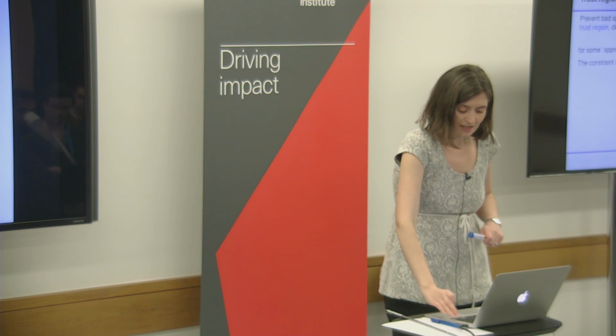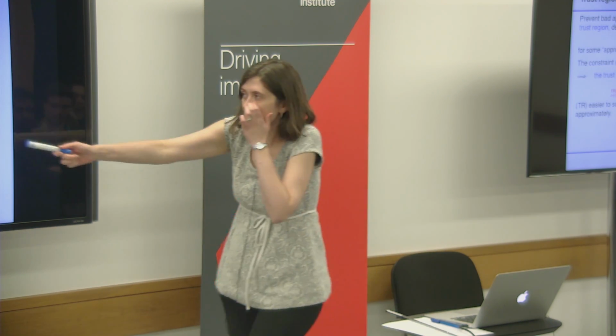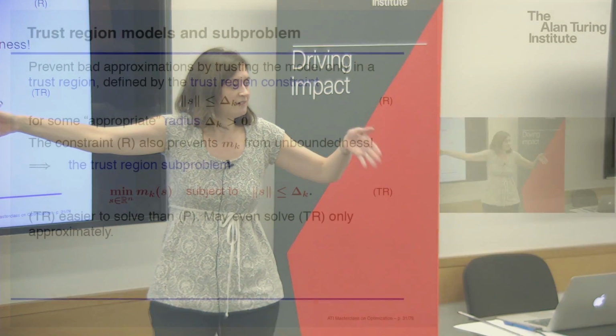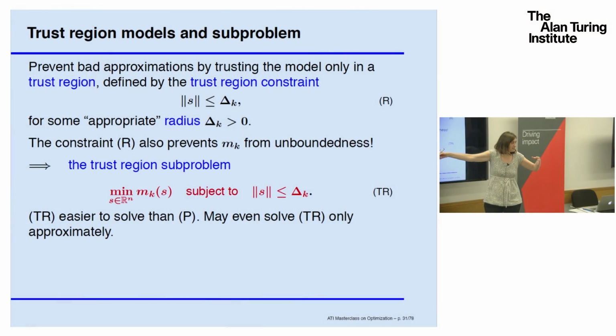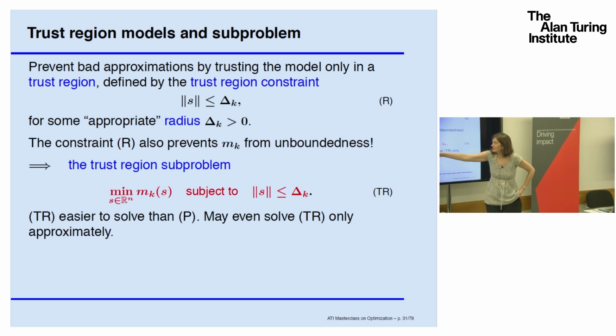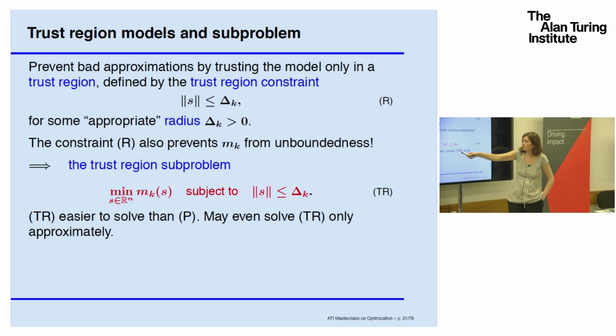Now, instead of computing my sk from minimizing the linear or quadratic model, I constrain my model. So this mk can be a first order or second order model. Think of it with Bk, subject to this ball constraint.